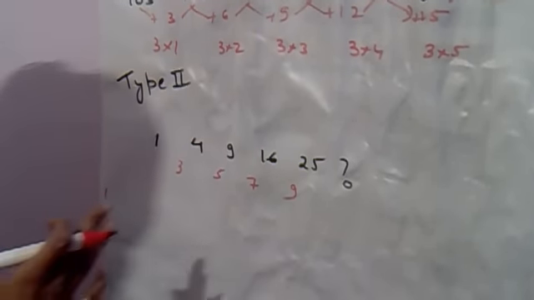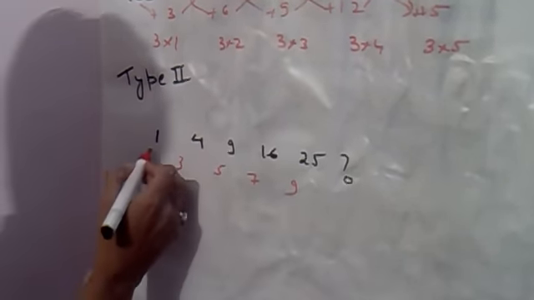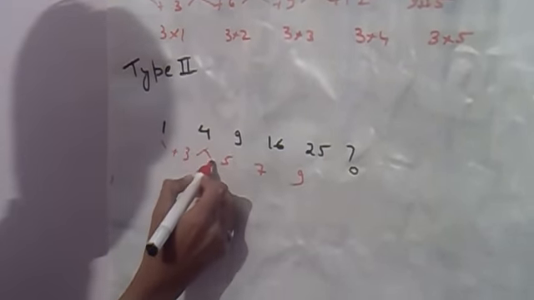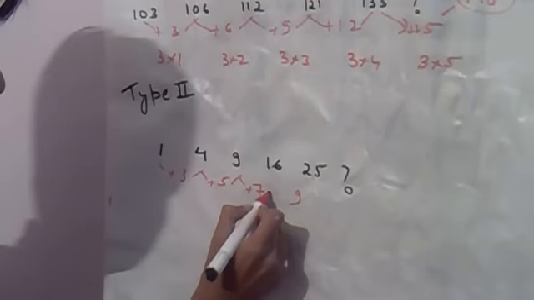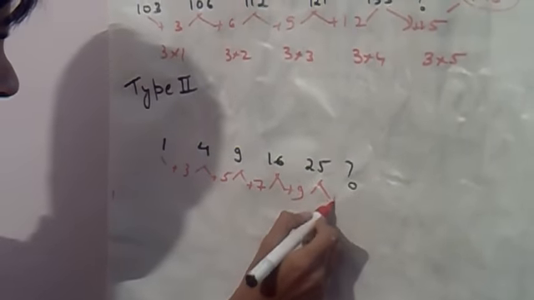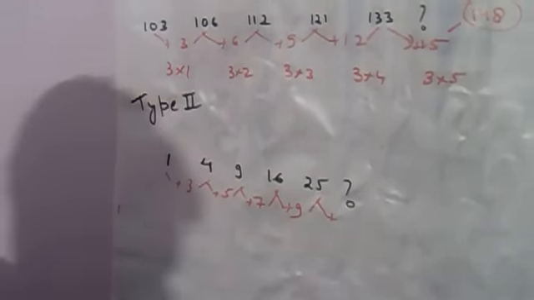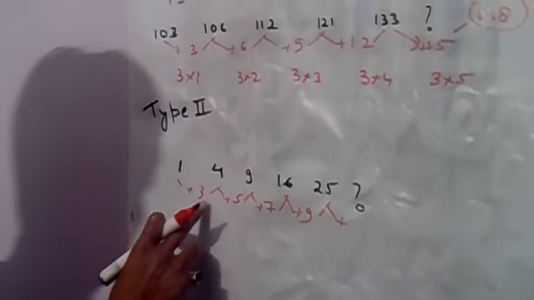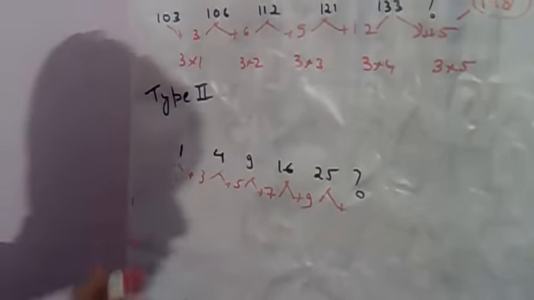So here we can predict that the pattern is that we are adding odd numbers to the previous number. Over here we are adding 3 to 1 to get 4.